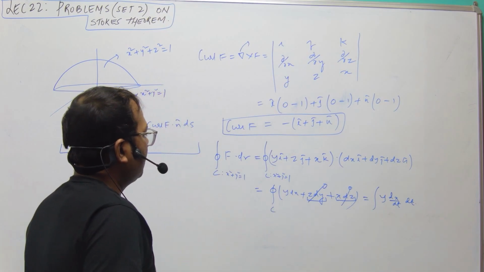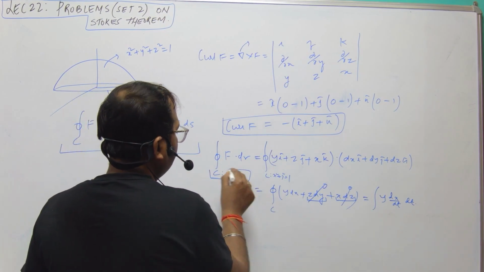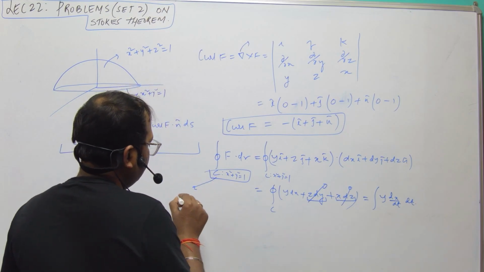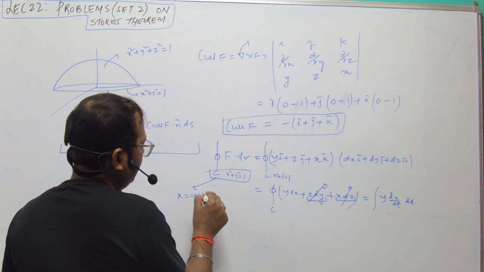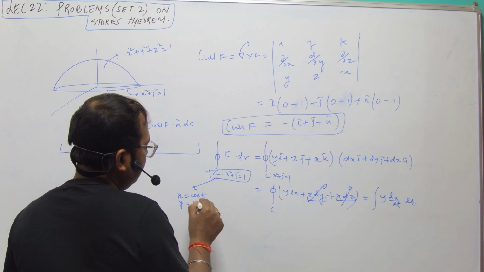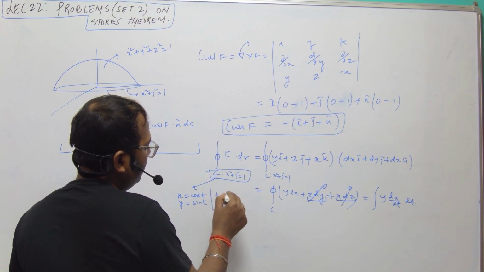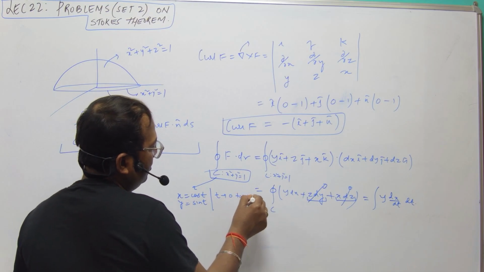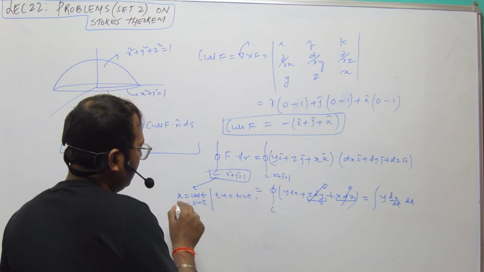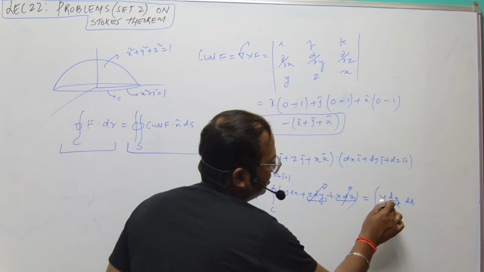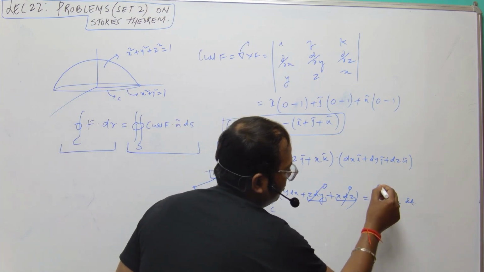So in terms of parametric equations, we have x is equal to cos t, y is equal to sin t, and t varies from 0 to 2 pi. Let us place the values.